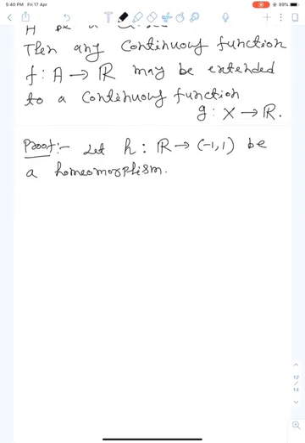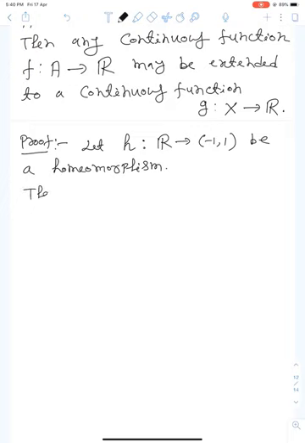Okay, now if we take the function composition h with f, then this will be a function from A to where? (-1, 1), right?